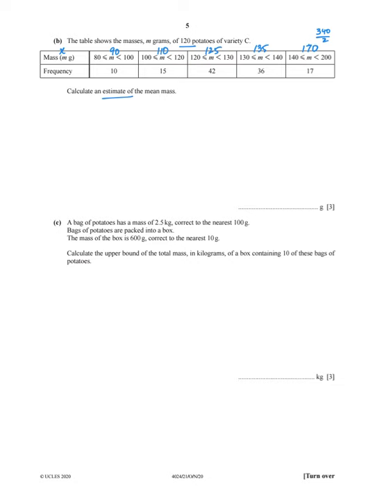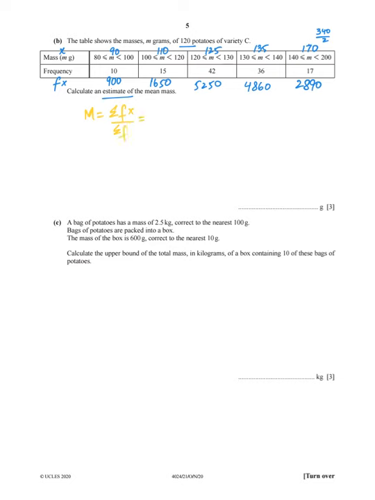Now we need to multiply frequency and the midpoint. So 10 times 90 is 900, 15 times 110 is 1650, and we need to find the other three values. Once we have all the values, we apply the formula for the mean, which is the summation of fx divided by the summation of f.